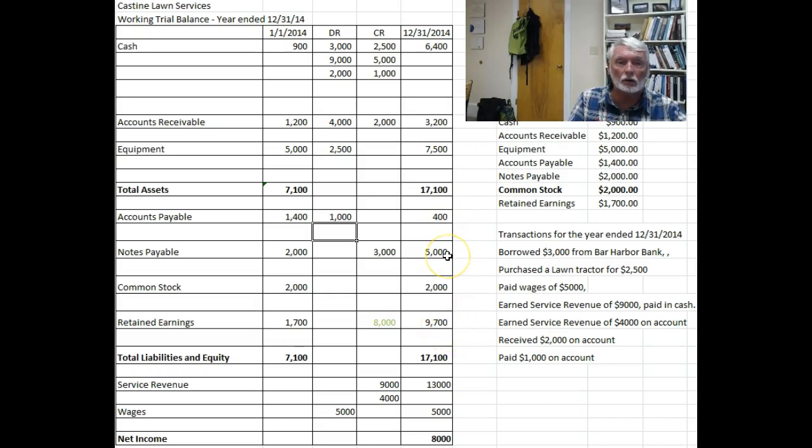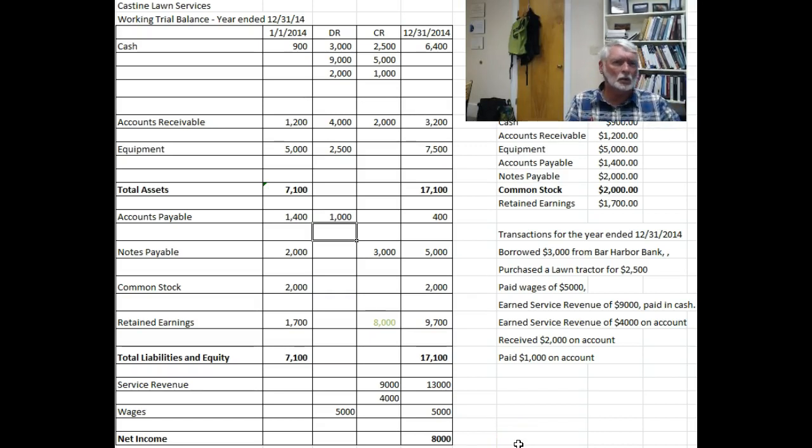So I have 5,400 in liabilities, 17,100 in assets, and $11,700 in stockholders' equity. For the whole year ended 2014, I generated $13,000 in revenue, had $5,000 in expenses, and had net income of $8,000. So that's a simple working trial balance.